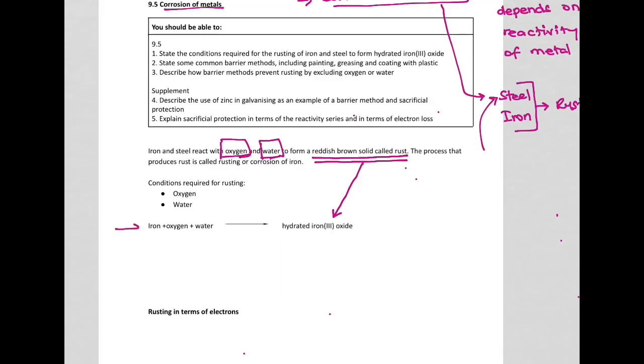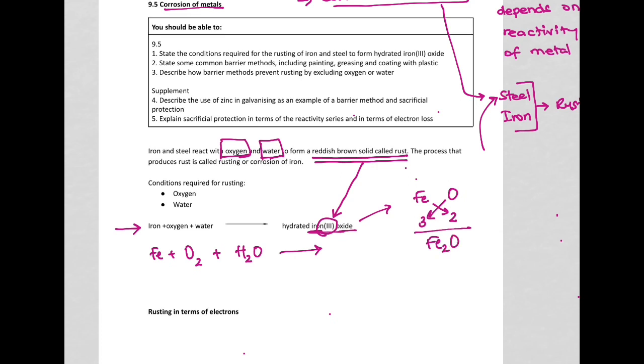If we convert this word equation to a chemical equation, iron is Fe, oxygen from air is O2, reacting with water, this will give hydrated iron(III) oxide. Iron is Fe, oxide is O, the valency of iron is 3, the valency of oxygen is 2. So you get Fe2O3.